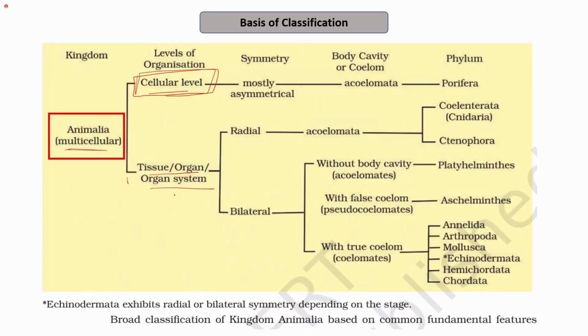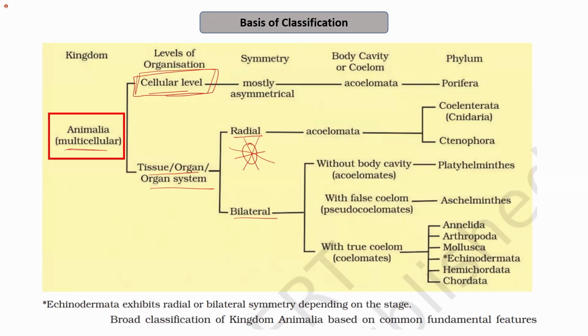In tissue, organ, or organ system level of organization, the organisms are further classified based on their symmetry, either as radial or bilateral. In radial symmetry, as we understood in the last lecture as well, any axis that passes through the center of the organism divides it into two equal halves.